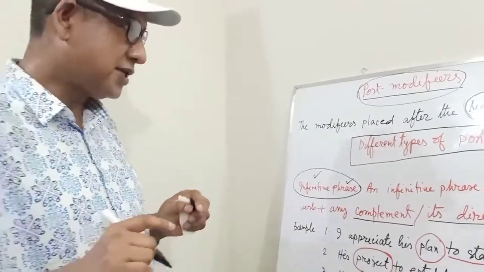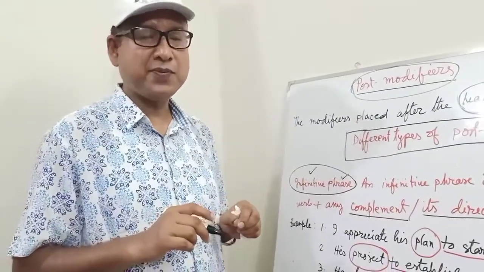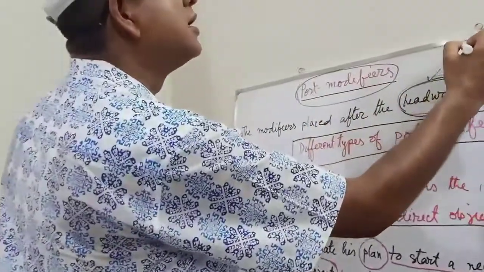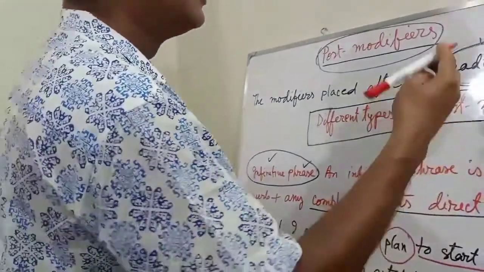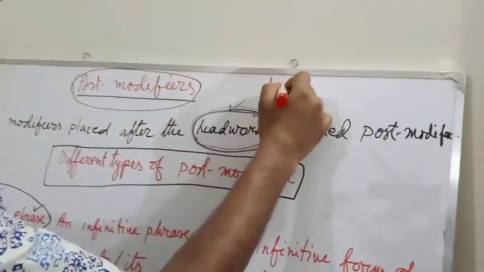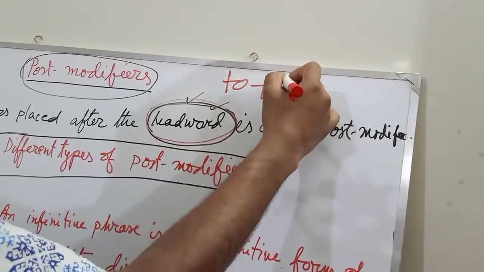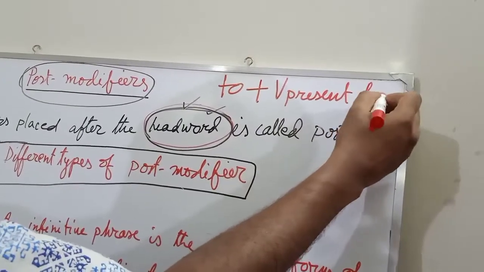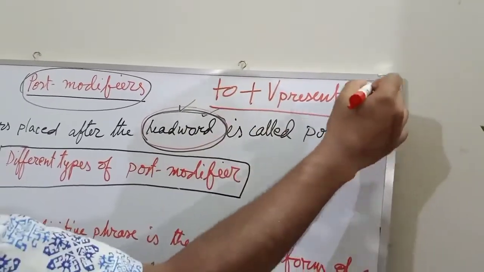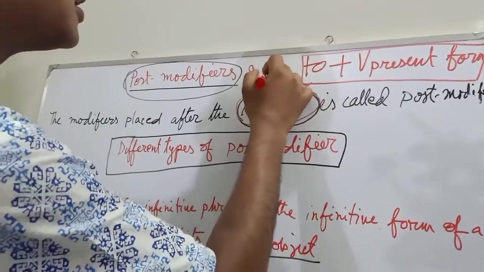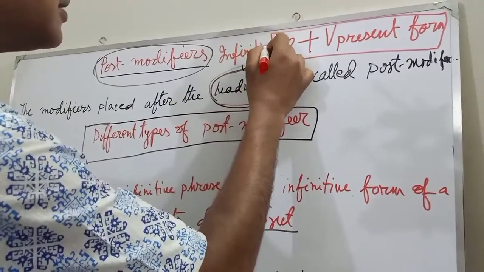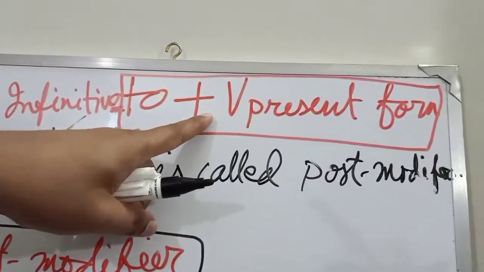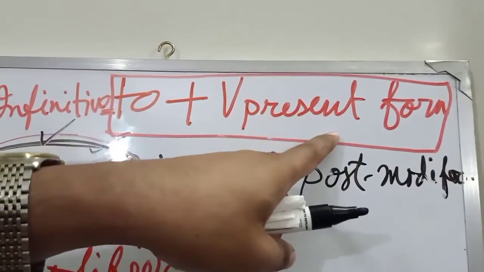Infinitive is the word that is to plus verb in present form. That is infinitive. Infinitive means to plus verb in present form.